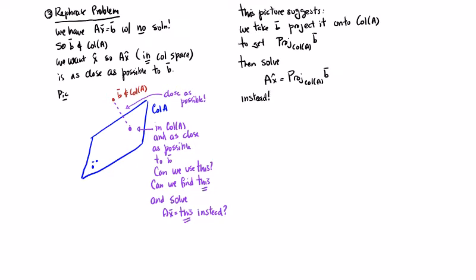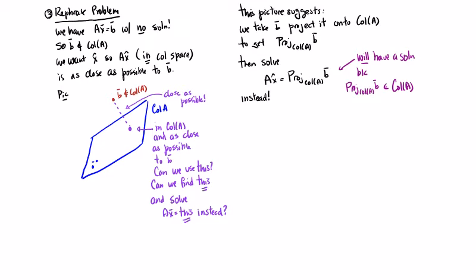Now, for what it's worth, this new equation will definitely have a solution. The reason is that the projection to the column space is in the column space. This is a little redundant, but this projection is by definition in the column space of A, which means I can solve Ax hat equal to that, absolutely for sure. Now there may be many solutions, but don't worry about that right now.